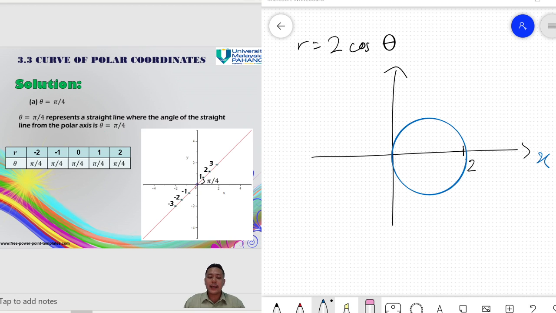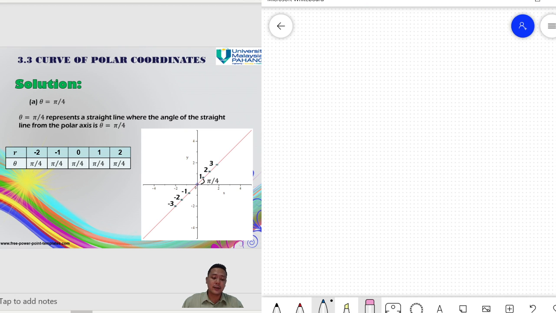Let's go for the case when theta is fixed but the r is not. For the case of theta, where the angle is fixed, okay, this is pi over 4.